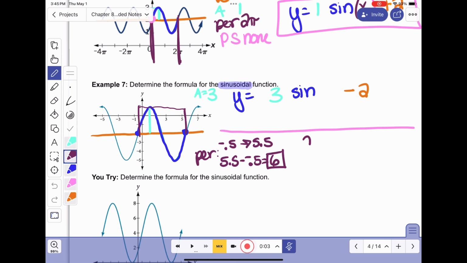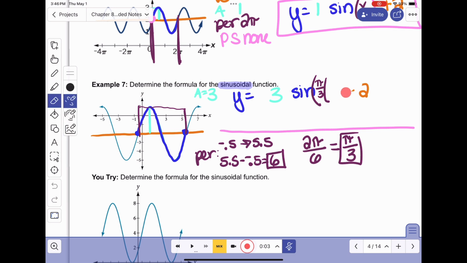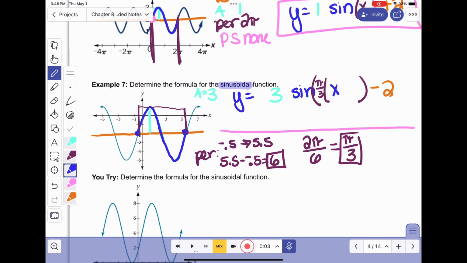We're going to do the same thing. I'm going to say 2 pi divided by 6. Reduce that, I get pi over 3. That tells me that I'm going to multiply my x by pi over 3. So the x is going to go in here with that pi over 3 in front.